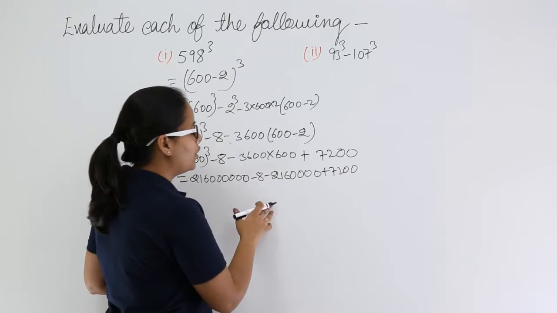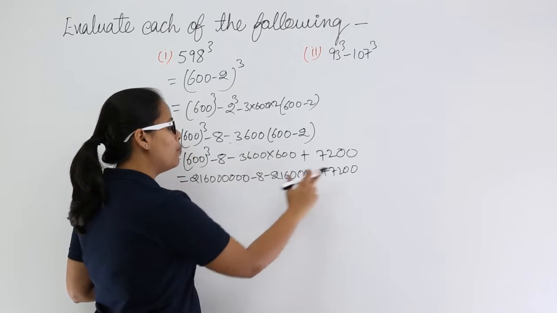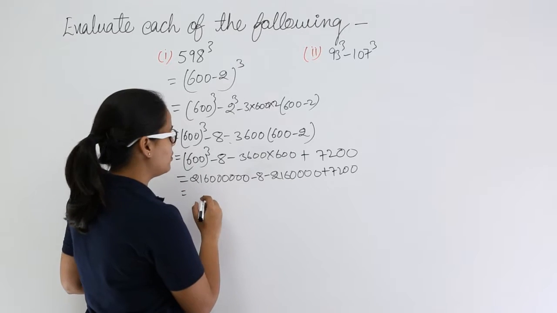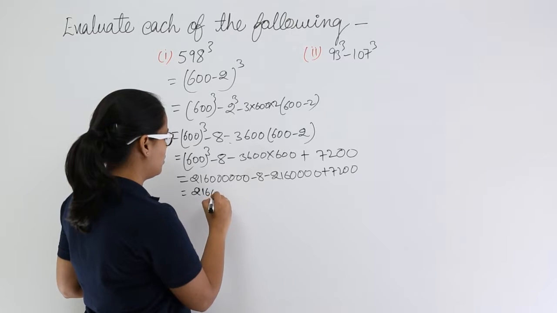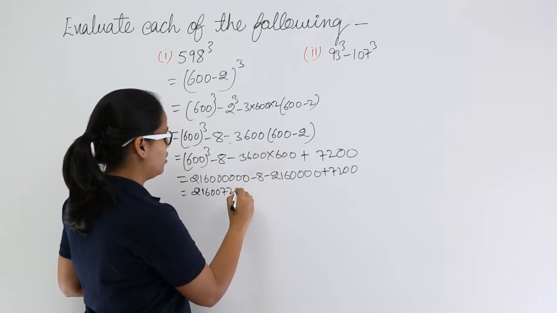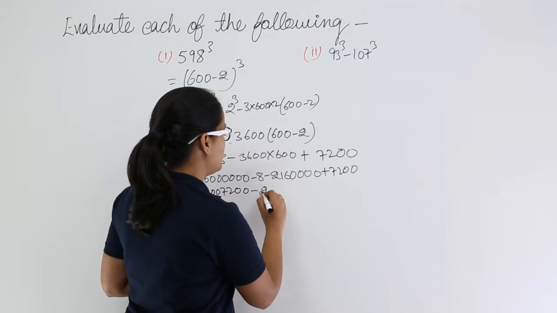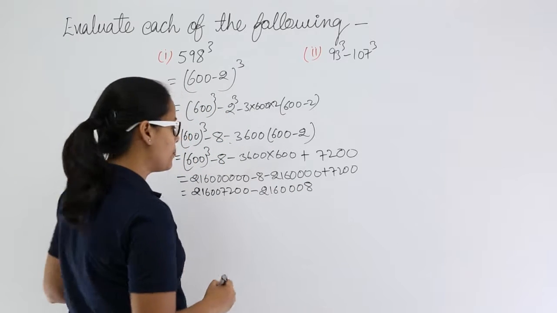Now here, what will you do? Let's add both of these values and then add both of these values and subtract this in this expression. You'll get, first of all, add. This will give you this. Minus, add this, you'll get this.